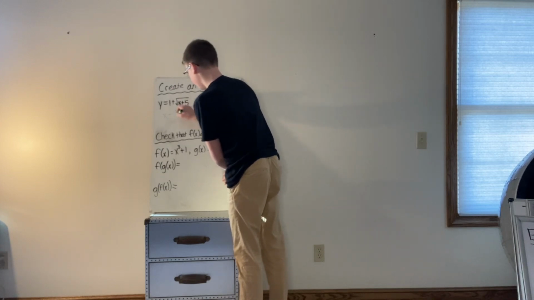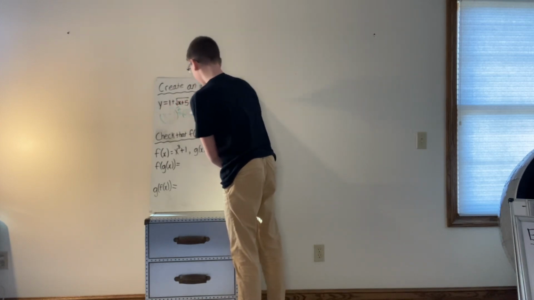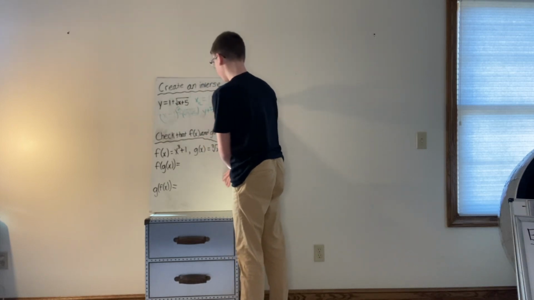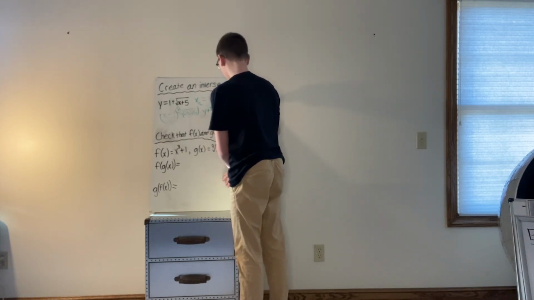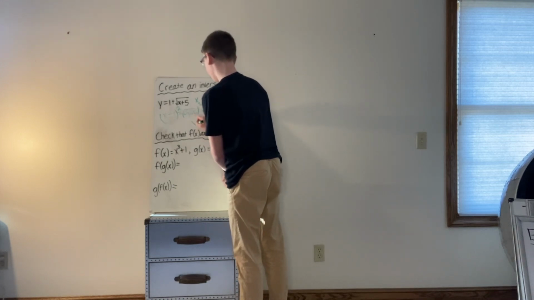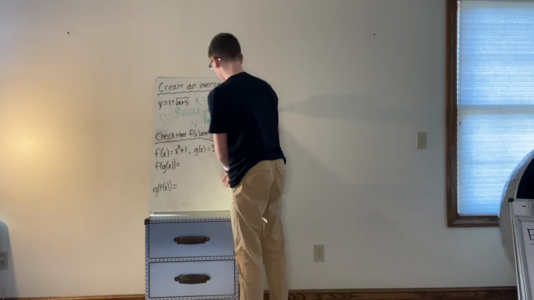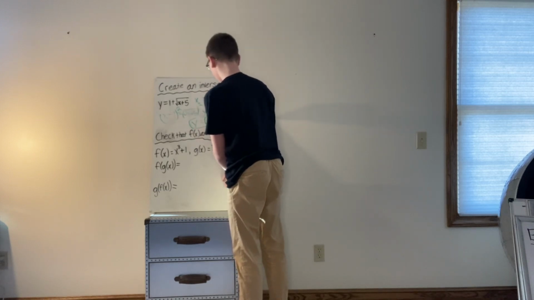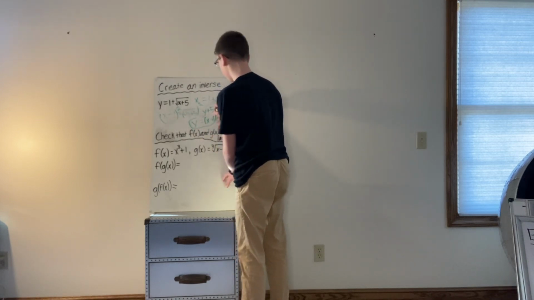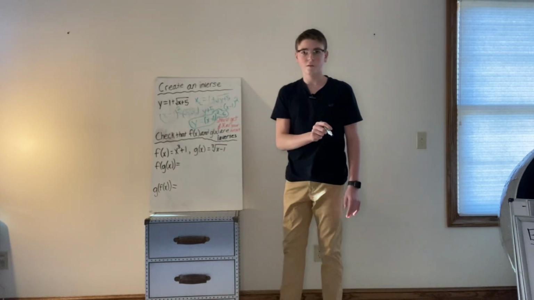Let me just show this step. So y plus 5 equals x minus 1 squared. And then y equals, move the 5 over, subtract 5 from both sides. So y equals x minus 1 squared minus 5.